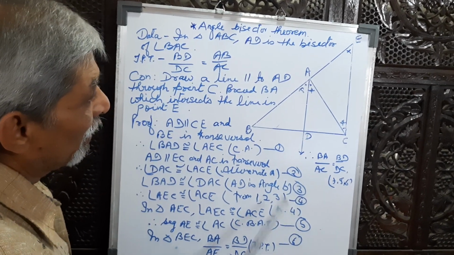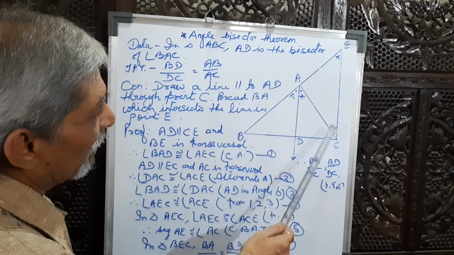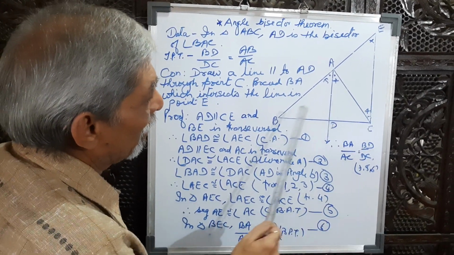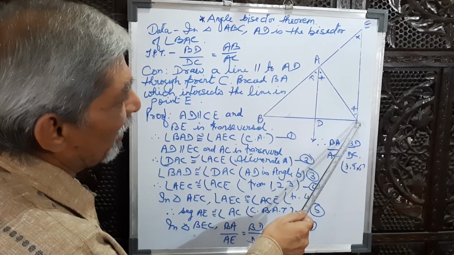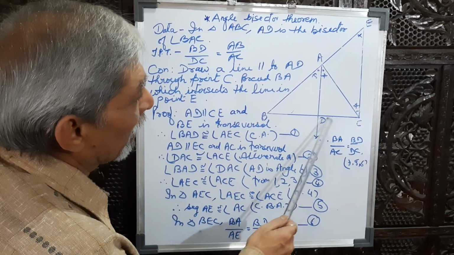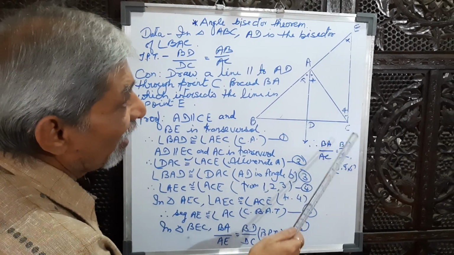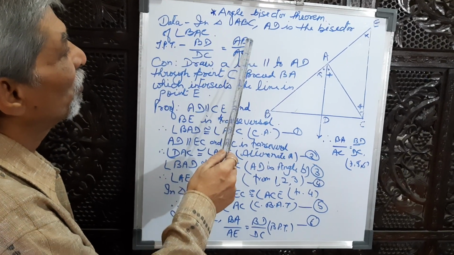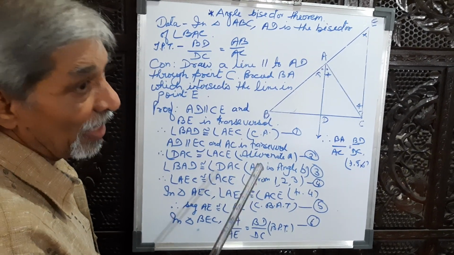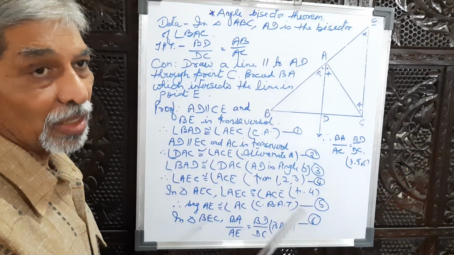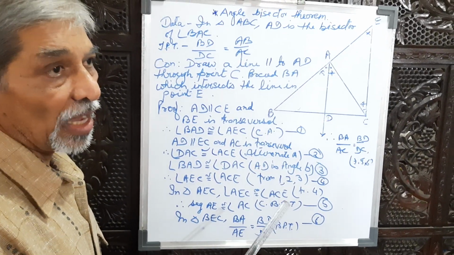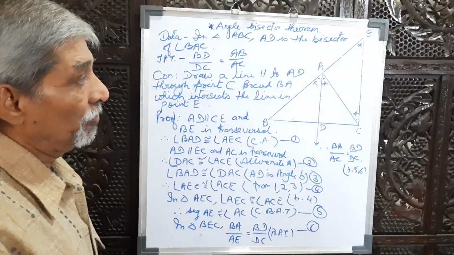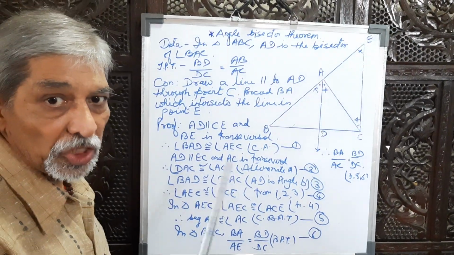So you will get BA upon AC is equal to BD upon DC, which is to be proved here. Hence, this theorem comes to an end, which is called the angle bisector theorem. That's all in this theorem.